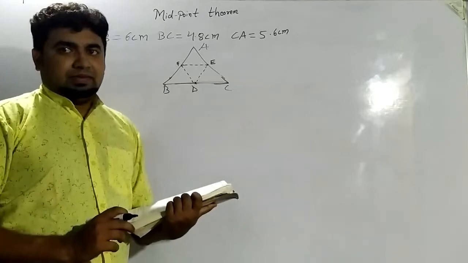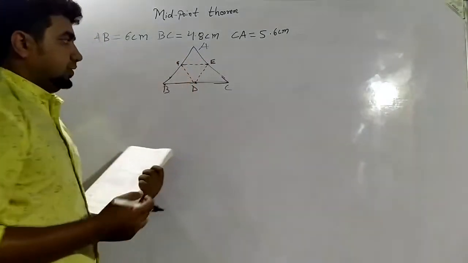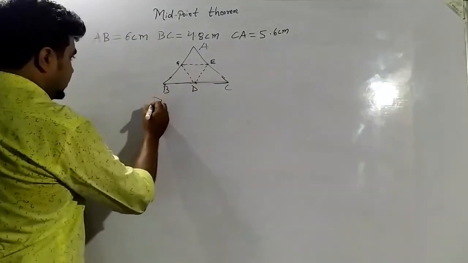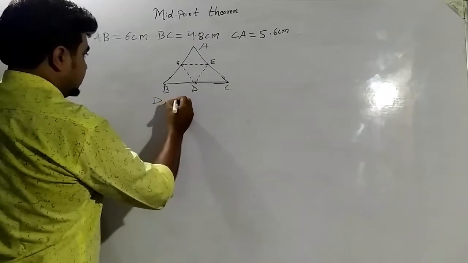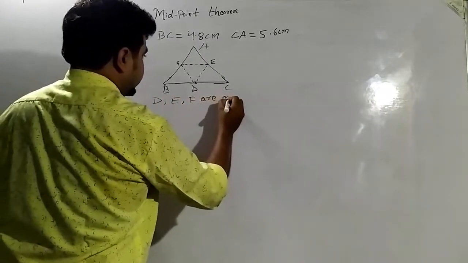I am drawing this line. So DEF is given to us. D, E and F are midpoints.